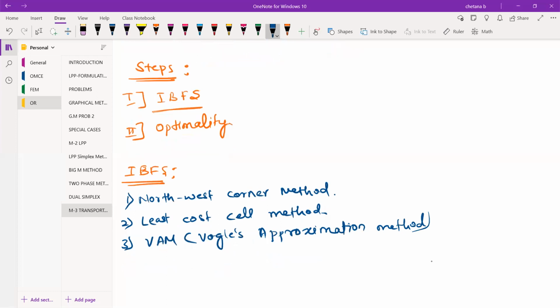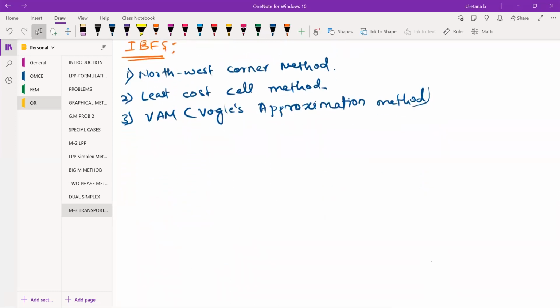Now we will see one by one what the northwest corner, the least cost cell method and the VAM method are.